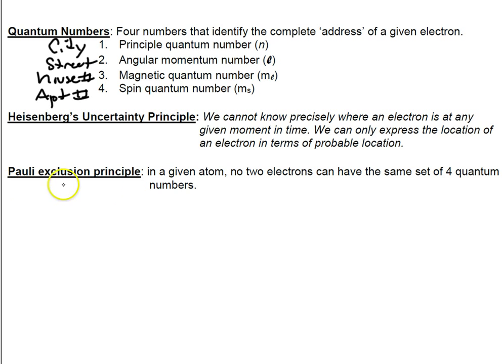The second principle I'm going to cover is the Pauli exclusion principle. And this states that in an atom, no two electrons can have the same set of quantum numbers or have the same location. Imagine a 2p orbital. Drawing an orbital diagram here.